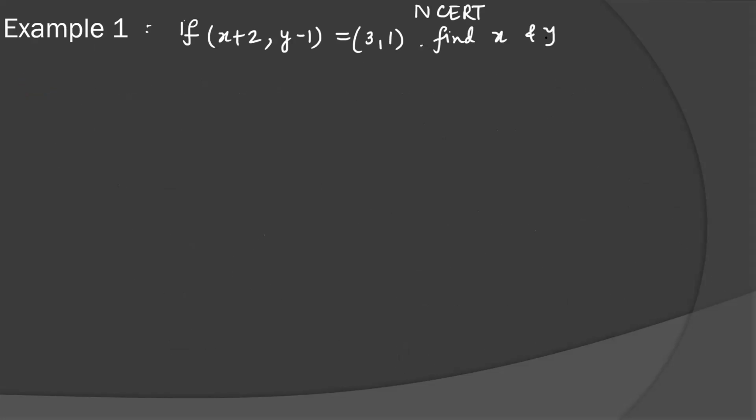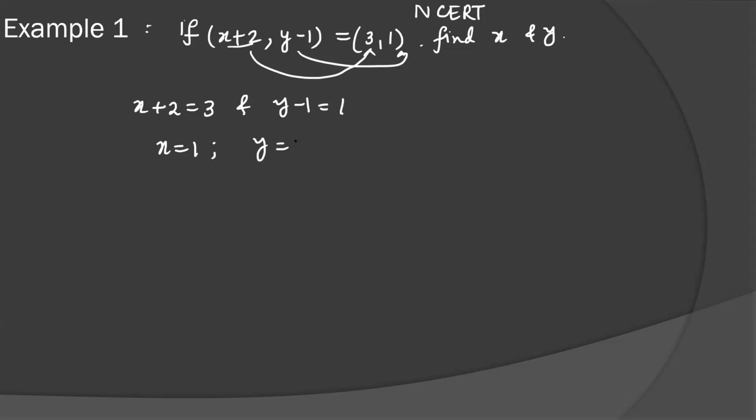So I told you the equality of two ordered pairs, you have to equate the first elements and second elements. So you will get x plus 2 equal to 3 and y minus 1 equal to 1. So x will be 1 here and y will be 2 here. So the value of x and y will be 1 comma 2.